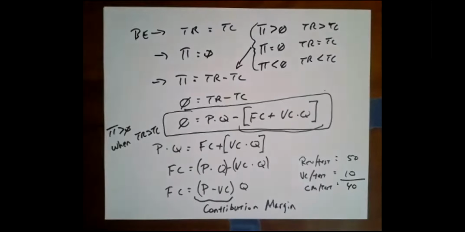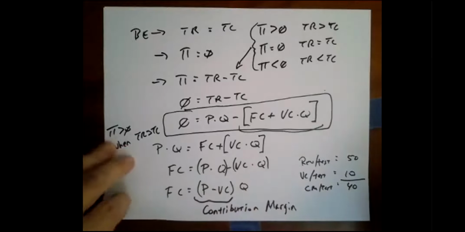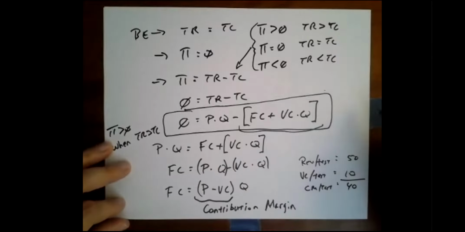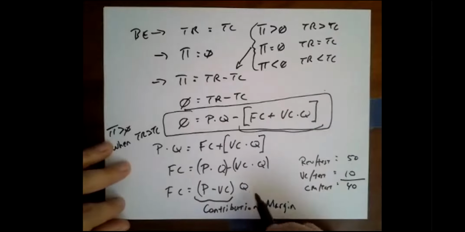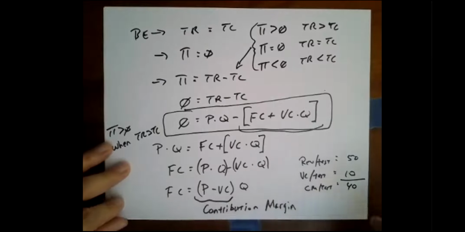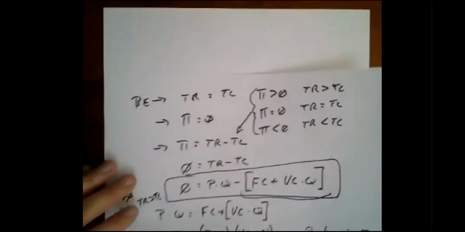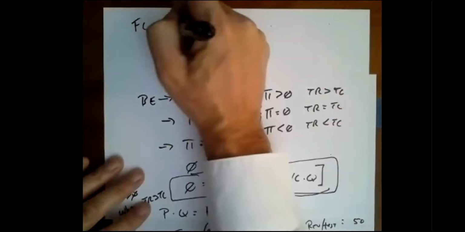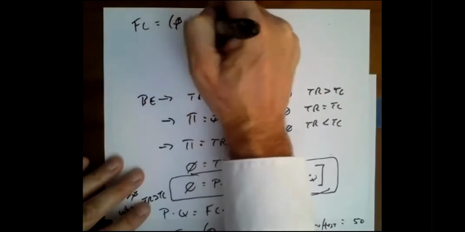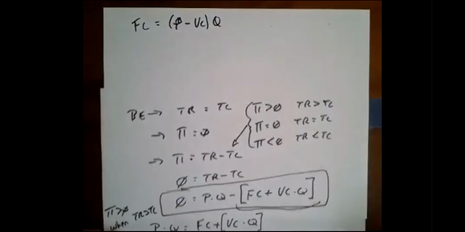So break even again is useful to tell us what the minimum we need to do is, and that's going to tell us when we get down to here, where fixed cost is equal to the contribution margin times the quantity. So we have fixed cost equals price minus variable cost times quantity, right?